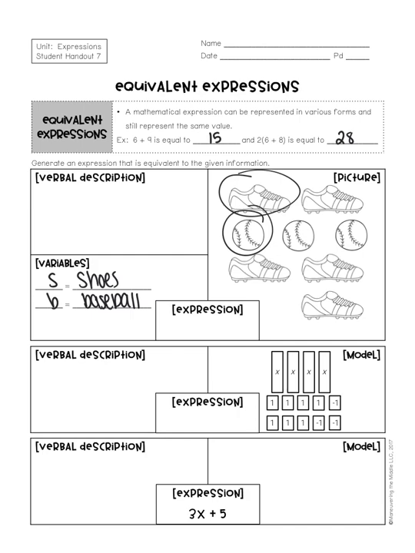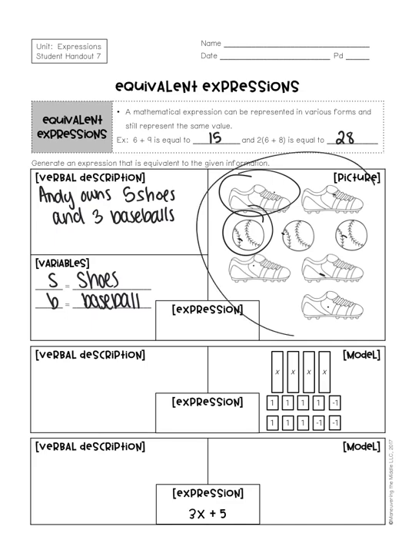Andy has 1, 2, 3, 4, 5 shoes and 1, 2, 3 baseballs. So that right there is just a verbal description of the picture that I have here.